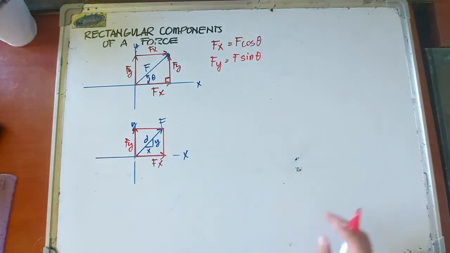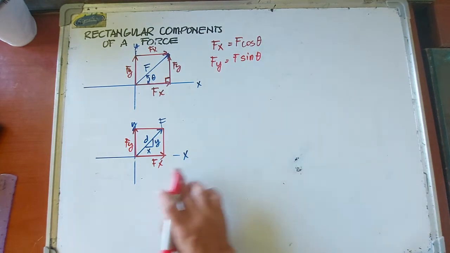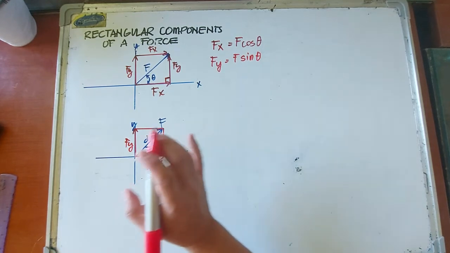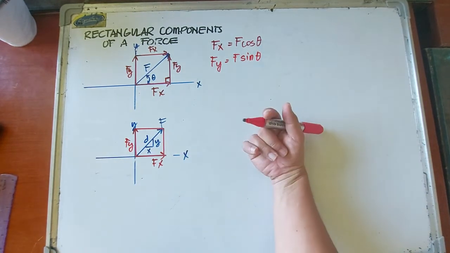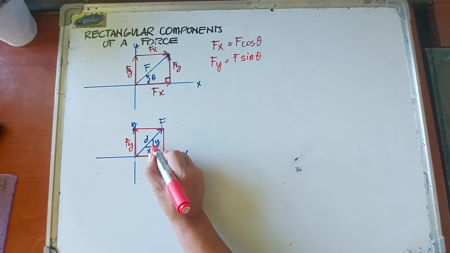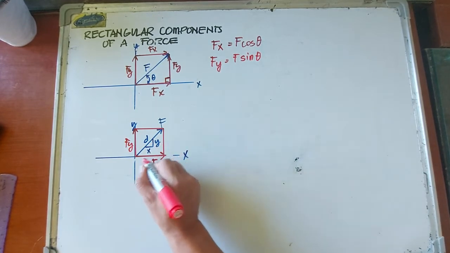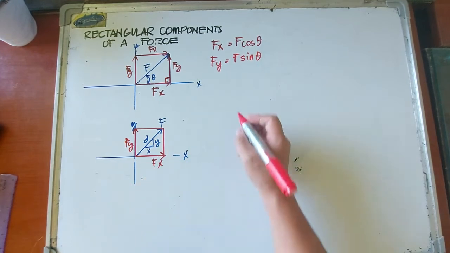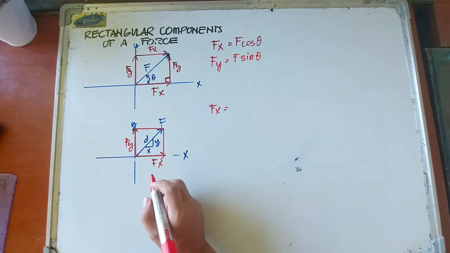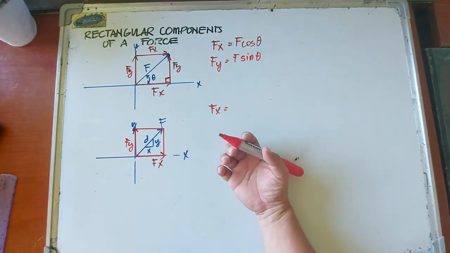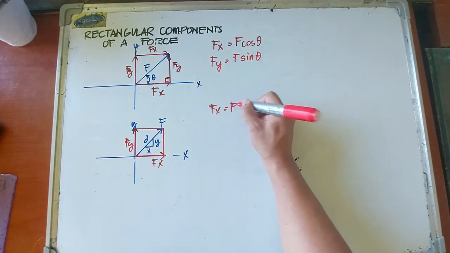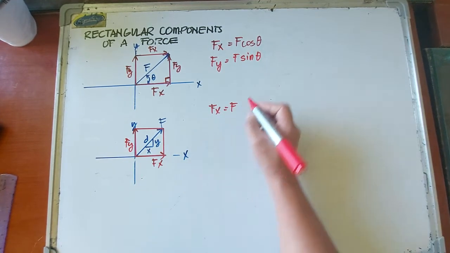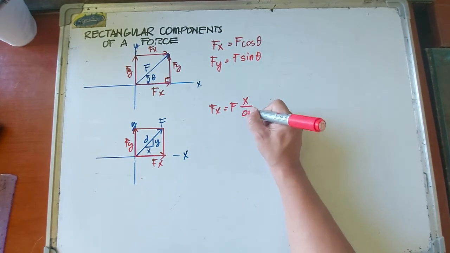So given yung slope ng force natin, we solve for the components using similar figures. So itong slope niyan ay same dito, yung triangle na yan same dito. So if you want to solve for fx, that is equal to f times, since we are solving for the horizontal, x over d.